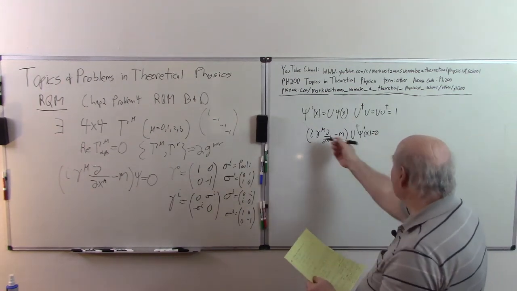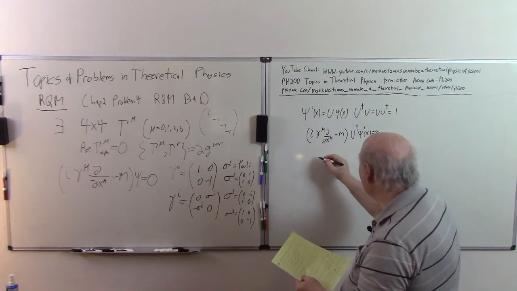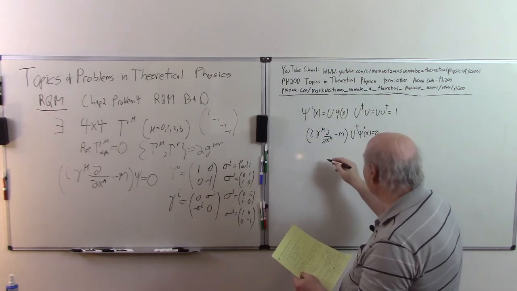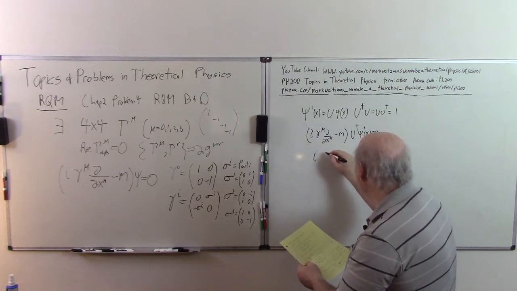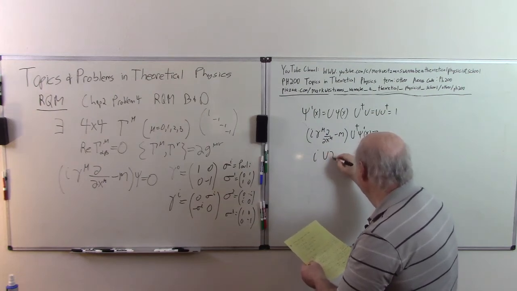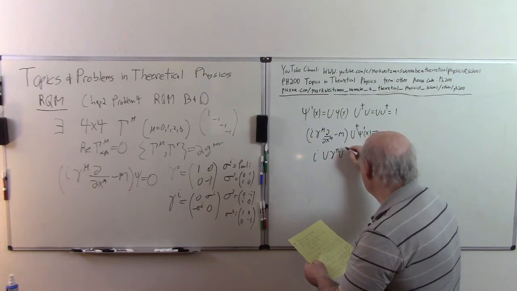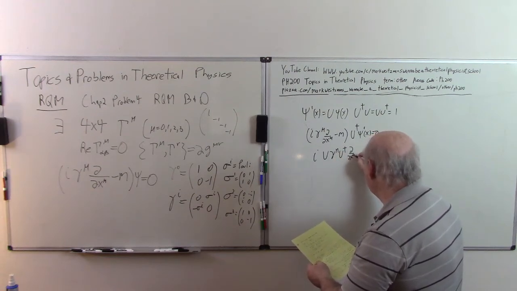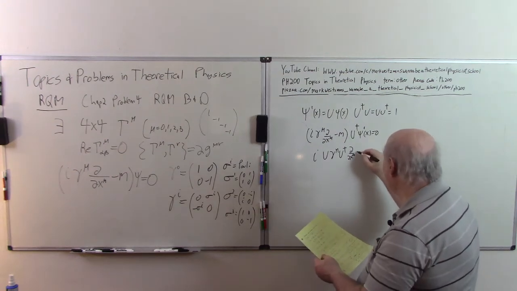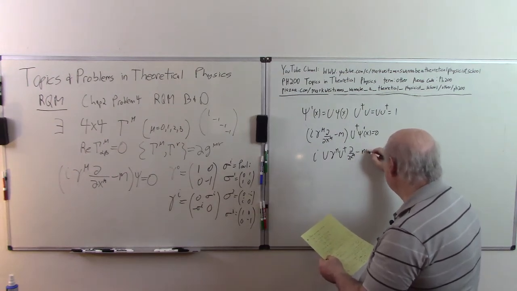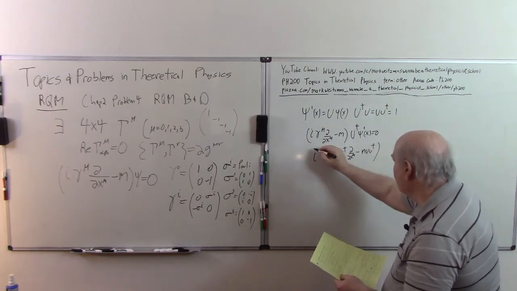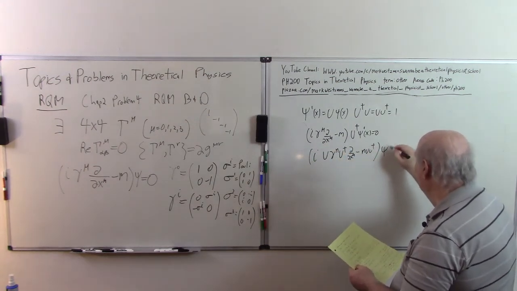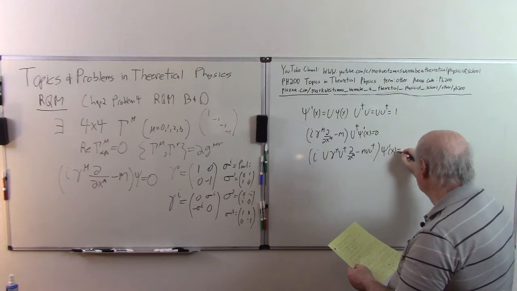Then if we multiply this equation by U, since it's unitary we don't have to worry about the i. We get i U γ^μ U† ∂/∂x^μ minus m U U†, this whole thing multiplied by ψ' equals 0.